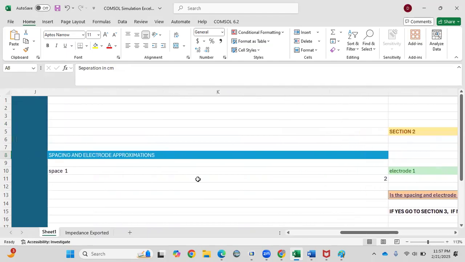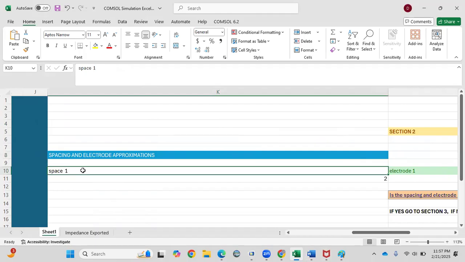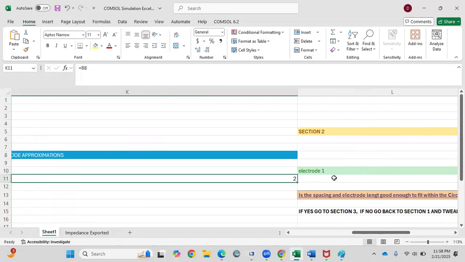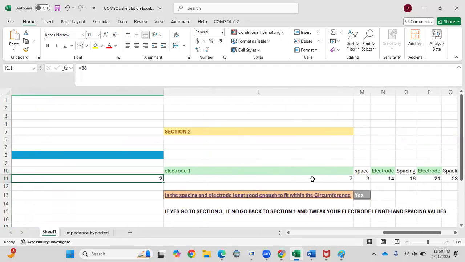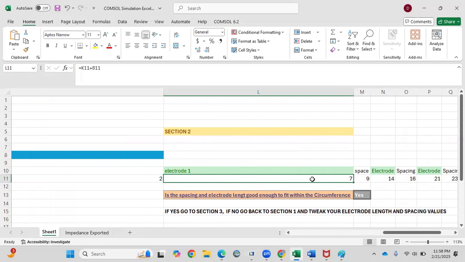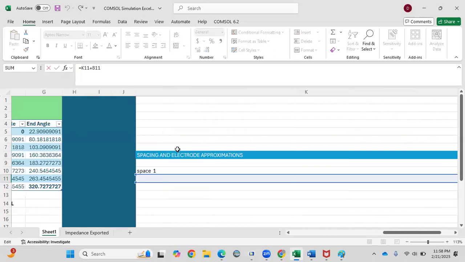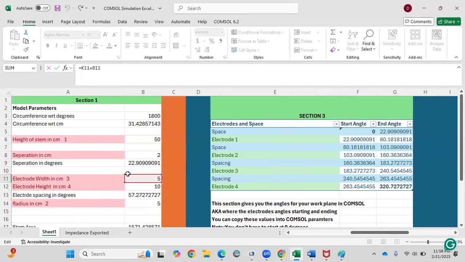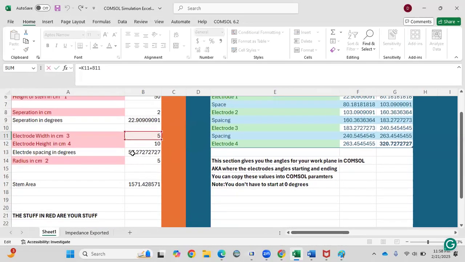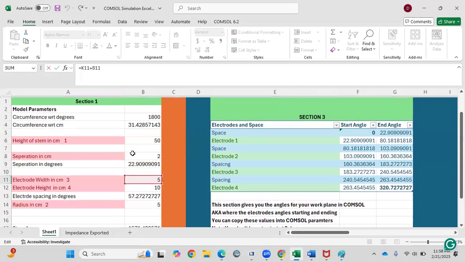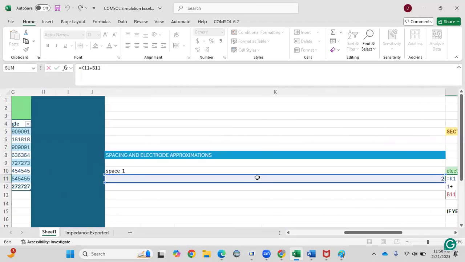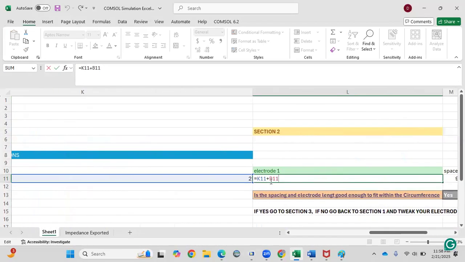So we have space. So there's the first space, assuming that we start with our space. So the first space is 2 cm. Then we have the electrode. So you are cumulatively adding up the distances. So if you double click on the equation, it will be the electrode plus the space, which is this. Let's start with that.